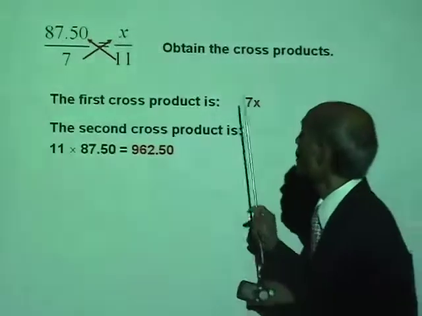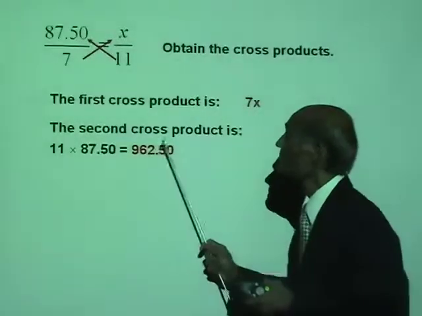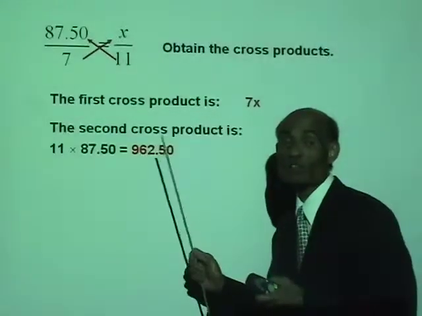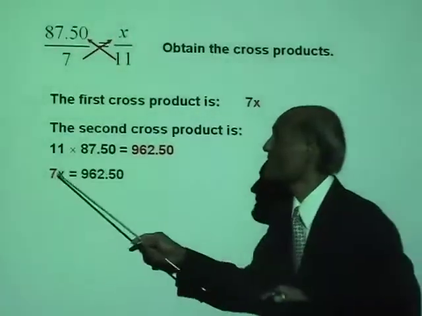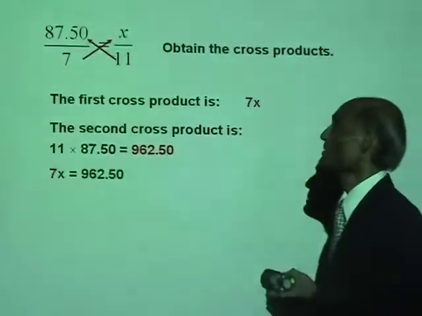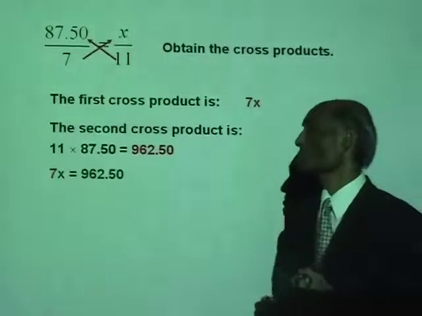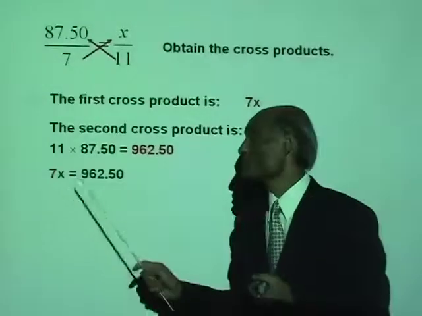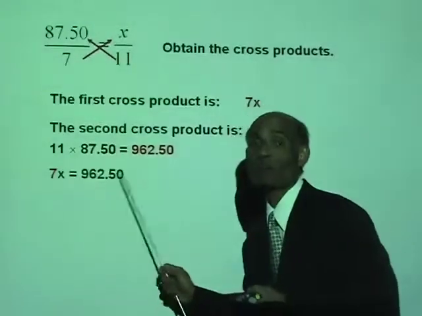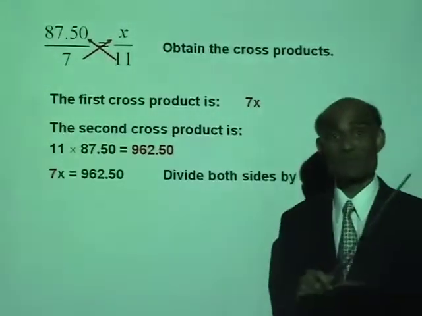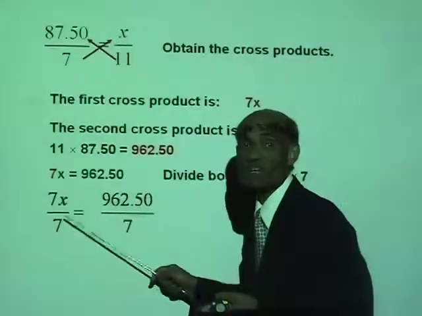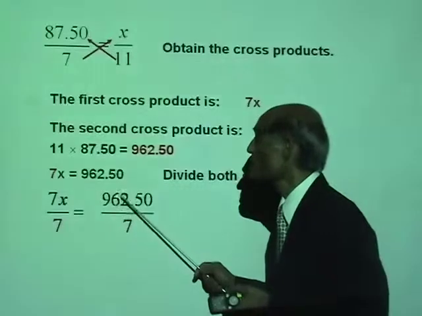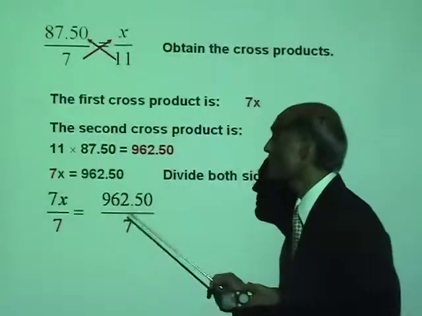Okay, now the first cross product, the second cross product, those two cross products are equal. 7x equal to 962.5. To find x, we divide both sides by 7. Alright, 7x divided by 7 equal to 962.5 over 7.